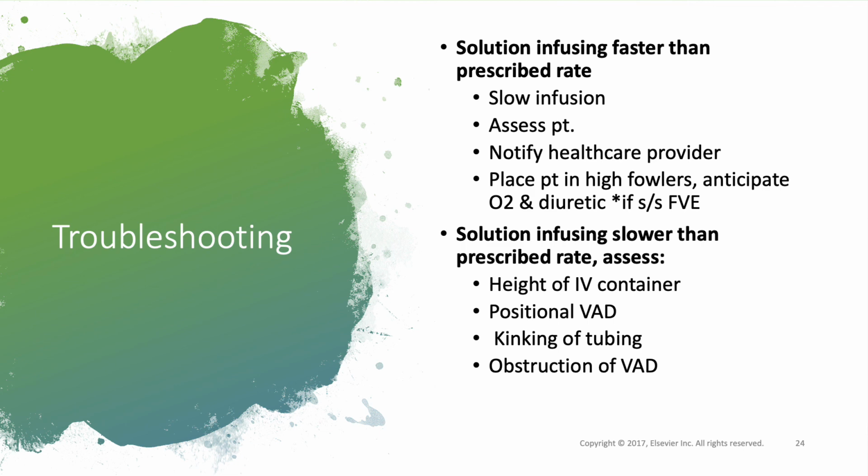If we notice that the solution is infusing slower than what is prescribed, we want to start assessing. We always begin the nursing process with assessment. So what's happening? Again, we know that the height of the IV fluids can affect the rate of the flow of the infusion. So we want to make sure that the IV fluids are at the appropriate height.